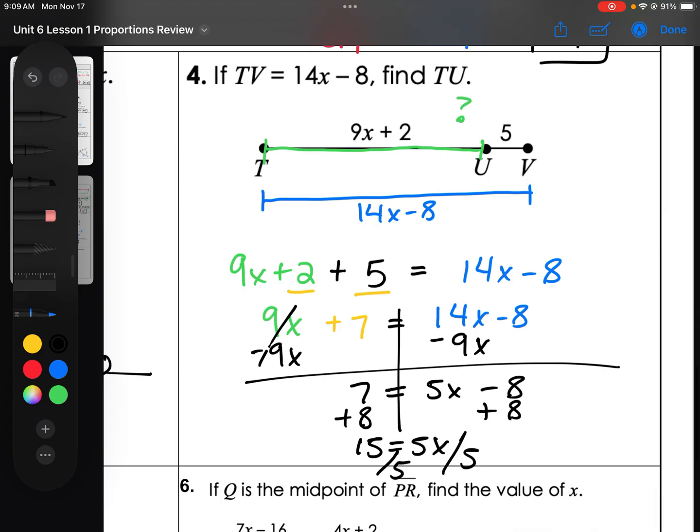Divide both of those sides by 5, and x is equal to 3 would be our answer. Now, you still have to take that and plug that into TU. So it's going to be 9 times 3 plus 2. Nine times 3 is 27, plus 2 is going to be 29.